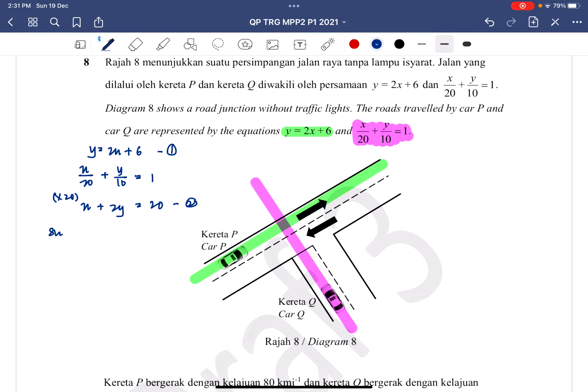So I will substitute my first equation into my second equation, which will get x + 2(2x + 6) = 20. So you will get x, and finally you get x = 8/5.